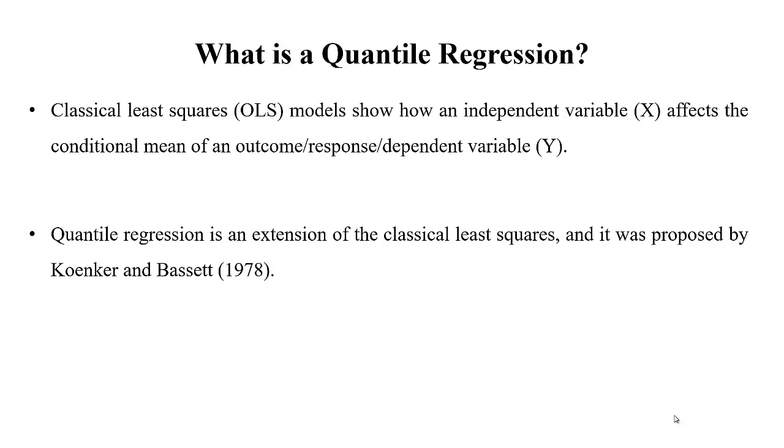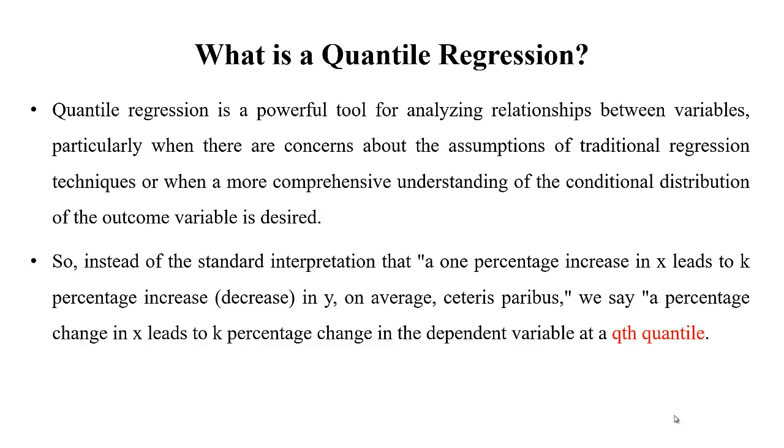Quantile regression is an extension of the classical least squares that estimates the conditional quantiles of a dependent variable. While classical least square focuses on the conditional mean of a dependent variable, quantile regression estimates the conditional quantiles of a dependent variable, and this of course makes it less influenced by extreme observations.